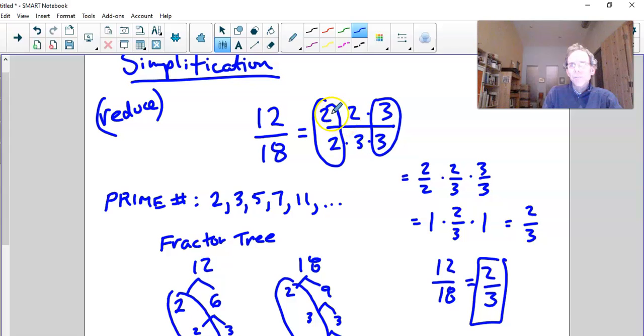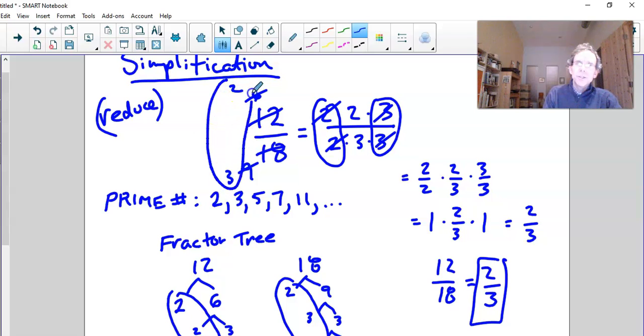Or, as you can see, you could break up the numerator into its prime factors, break up the denominator into its prime factors, and cross out the ones you have the same thing on top and bottom. You cancel to get the 2/3. Or you can just look at the fraction and go, oh, 2 goes into 12 6 times, 2 goes into 18 9 times, and then, oh, I see 3 goes into 6 twice, and 3 goes into 9 3 times, and there's the 2/3 sitting there. So take your choice.